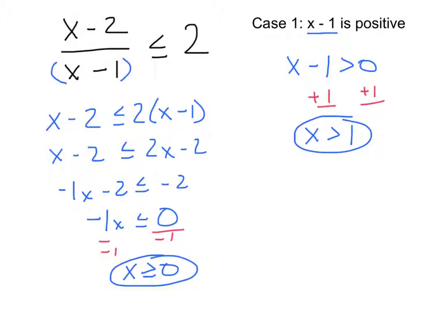And as it turns out, those values are only x is greater than 1. So the result of this case, after we analyze what we found, is that x is greater than 1. Numbers that are bigger than 1 are solutions to this problem. That's the first piece. Now we'll talk about the other case where x minus 1 is negative.